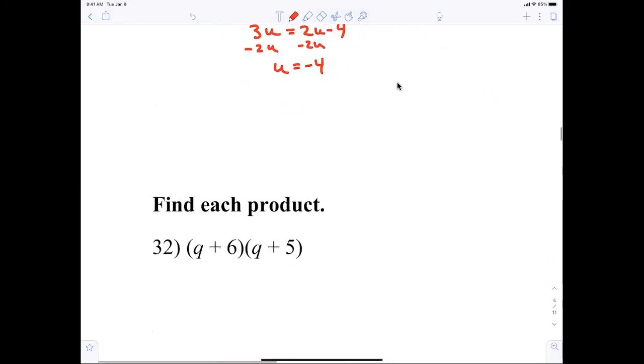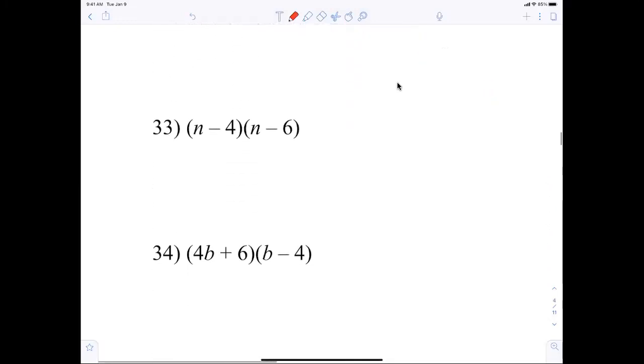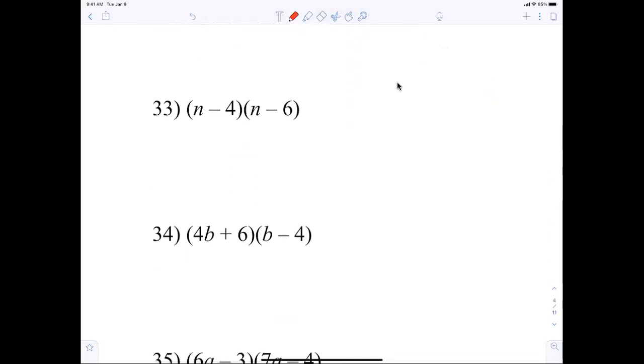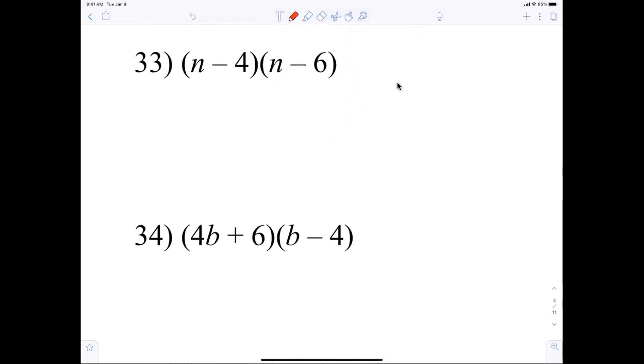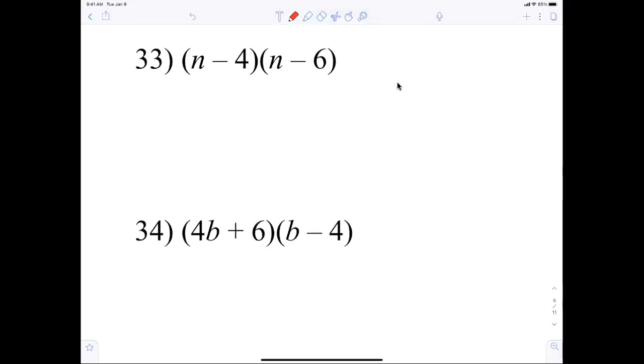All right, here we go. Now we're multiplying like we did yesterday. Don't be lazy. Not mentioning names. All right, here we go. n minus 4, n minus 6.